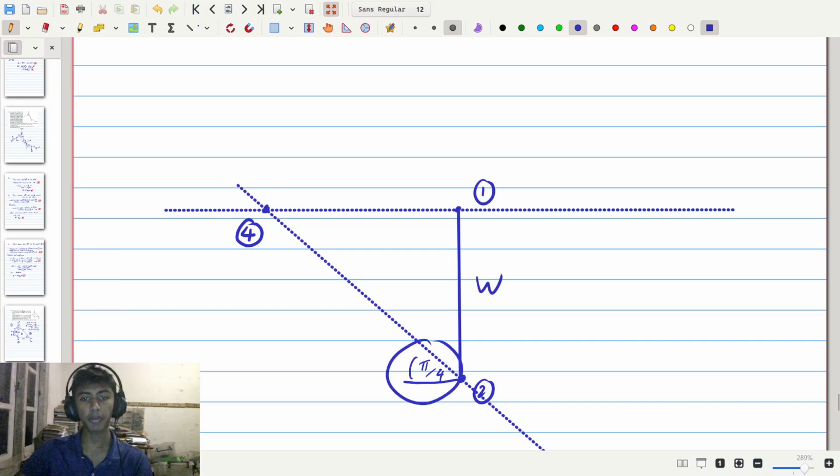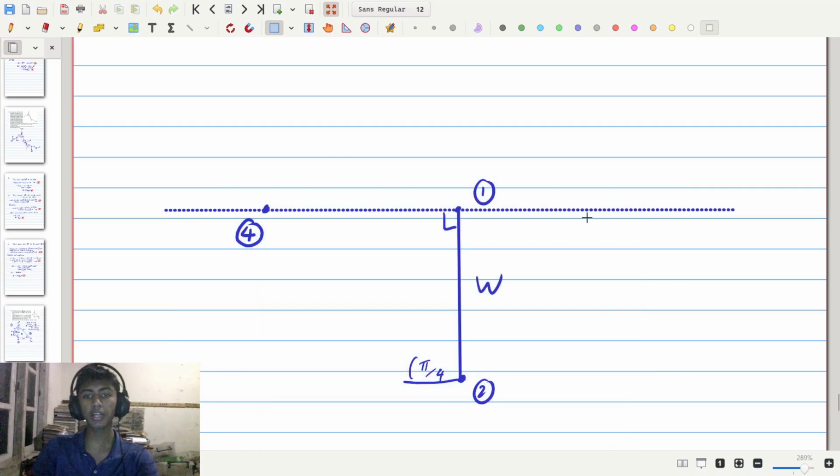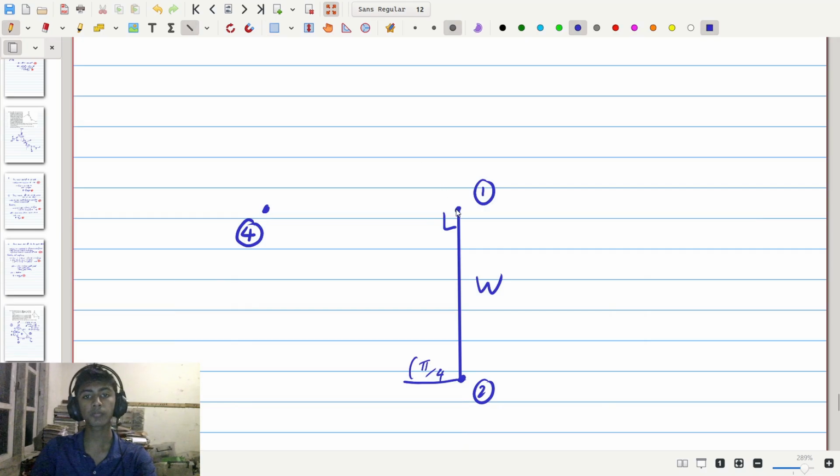The angle here is pi by 4. Since this is horizontal and this is vertical, the angle here is 90, and the angle here is also pi by 4. So now that we found the point 4, I'm going to erase the dotted lines and replace them with straight lines. So doing that, we now know the location of the point corresponding to region number 4.